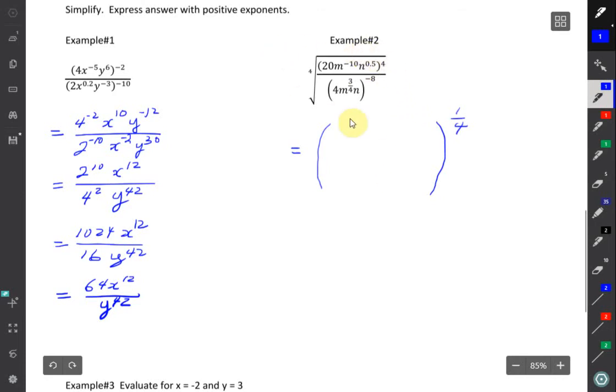But I'm planning ahead and thinking that's going to make it a lot easier if that times that is 1. So I'm going to leave this for the moment inside of the bracket, and then I'm going to apply that quarter first before I do anything else.